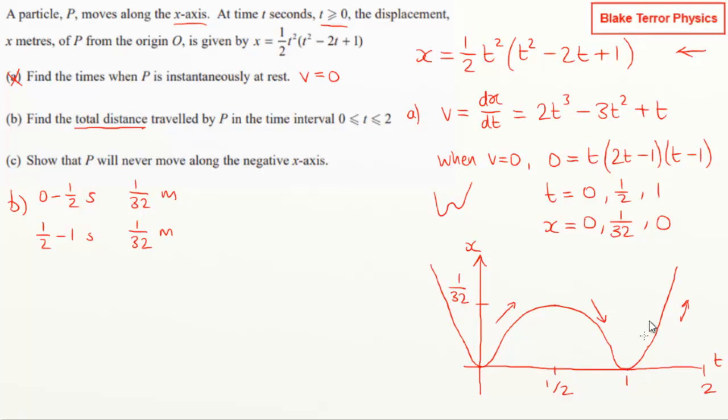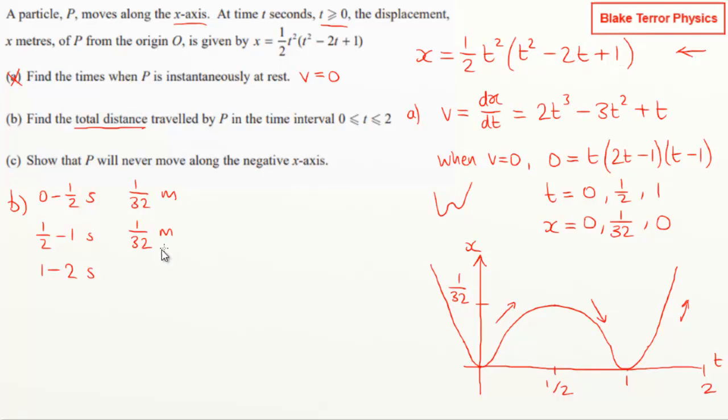Then when we go from 1 up to 2 seconds, well, we know if we're starting at 1 second, we're at 0 displacement. So at 2 seconds, where have we got to? If we put time t is equal to 2 into our x function here, then we get a half of 4, which is 2, times 4 minus 4 plus 1.